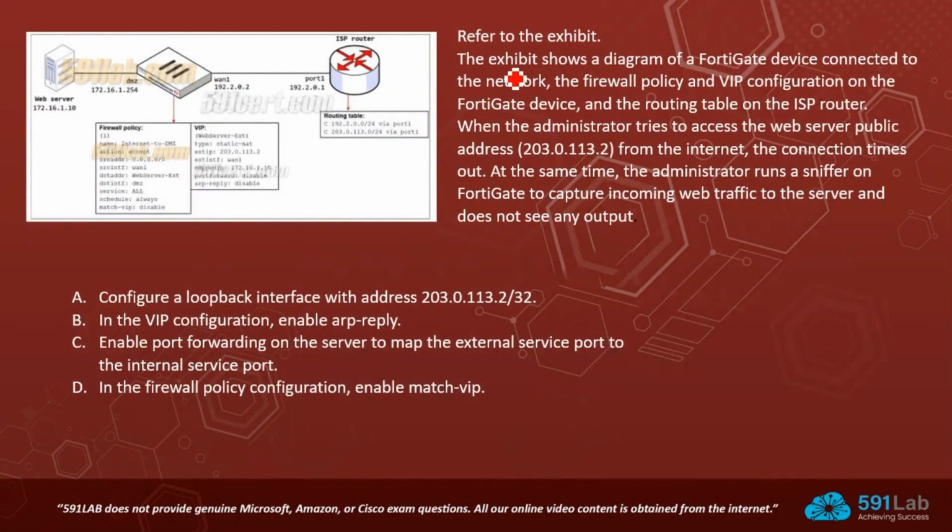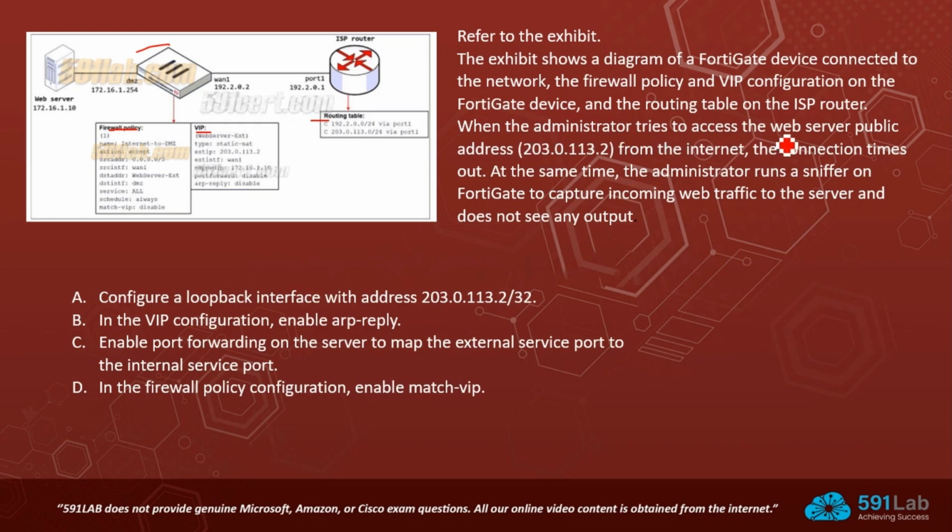Okay, let's go to our next question. Refer to the exhibit. The exhibit shows a diagram of the FortiGate device connected to the network, the firewall policy and the virtual IP configuration on the FortiGate device, and the routing table on the ISP router. We can see the firewall policy and the VIP configuration of the FortiGate device in the exhibit and the ISP router routing table.